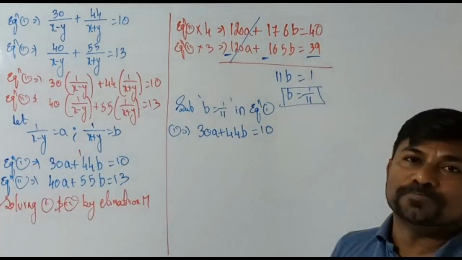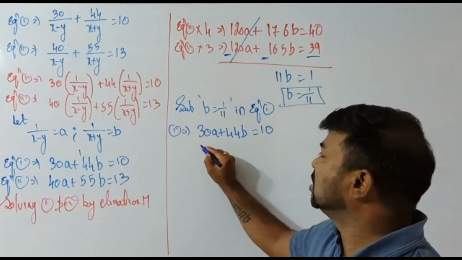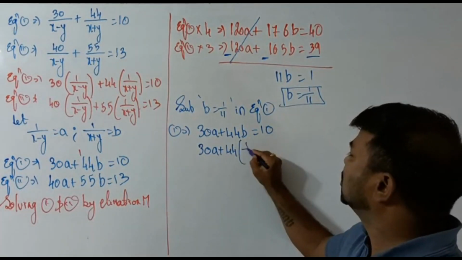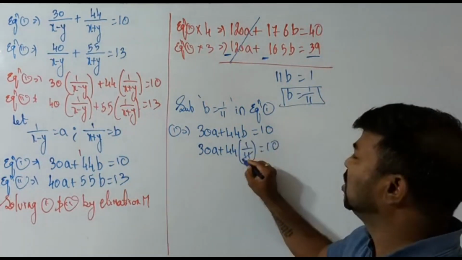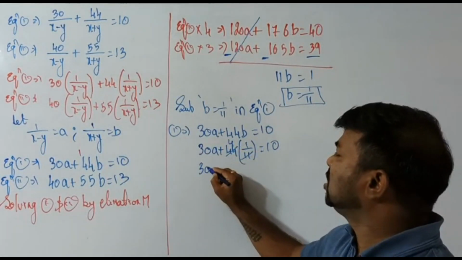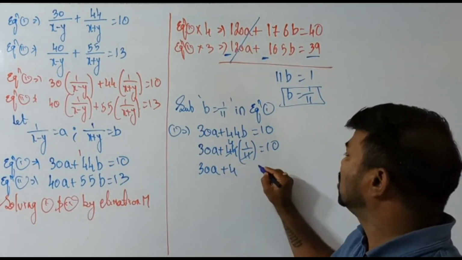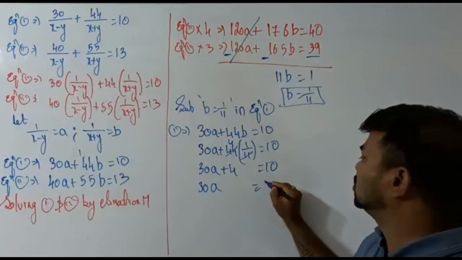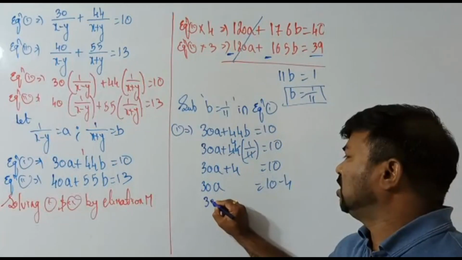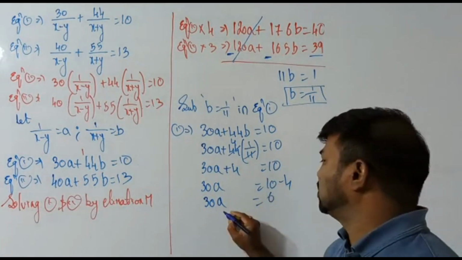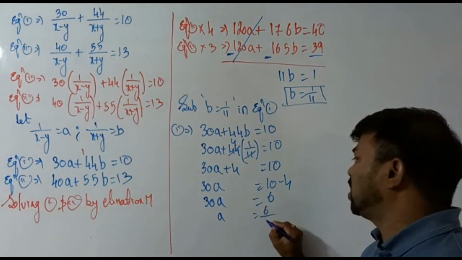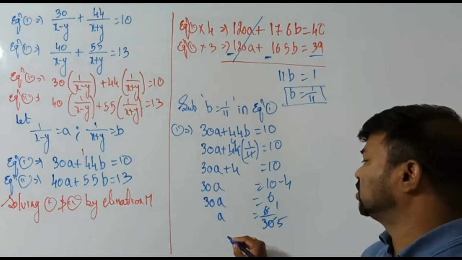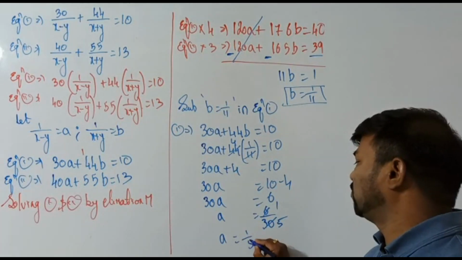Substituting 1 by 11 in place of b, it is 30a plus 44 into 1 by 11 equals 10. 44 by 11 is 4, so 30a plus 4 equals 10. 30a equals 6. So a is equal to 6 by 30, which is 1 by 5.